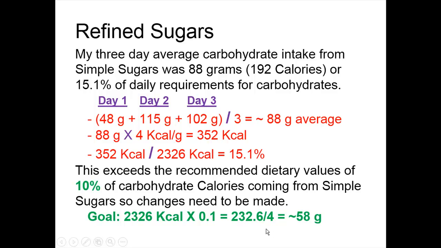So 232 divided by 4 gives me 58. So 58 grams represents 10%. I'm now at 88. I need to get it down on average to 58. That doesn't mean every single day has to be 58. My average over the 3 days needs to be 58.